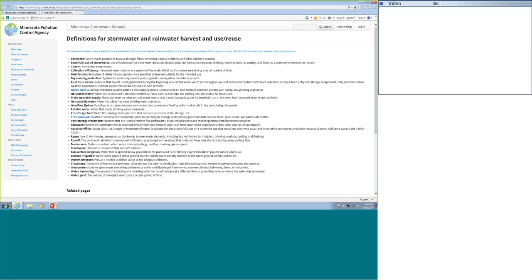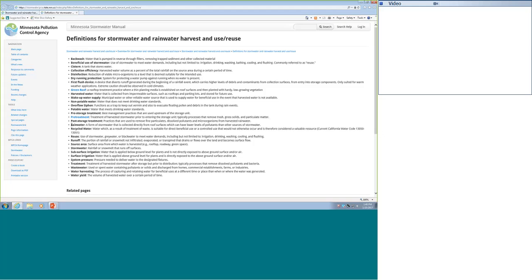And then reuse has been a common term that sometimes does get mixed up or conflated with wastewater type applications. So there's been a recent move towards trying to use harvest and use as an alternative terminology, but both terms are commonly used out there, so we just made sure all that is covered within this chapter update.